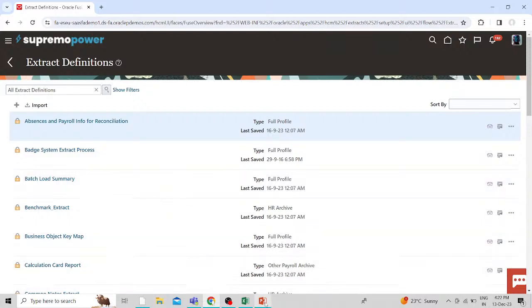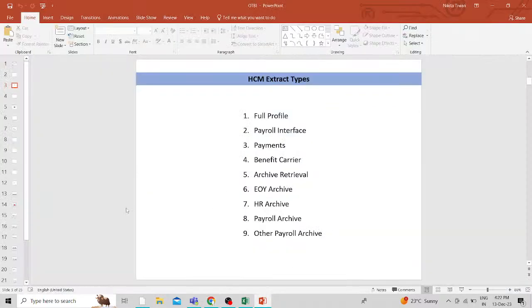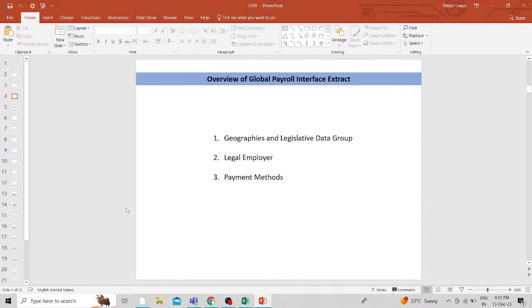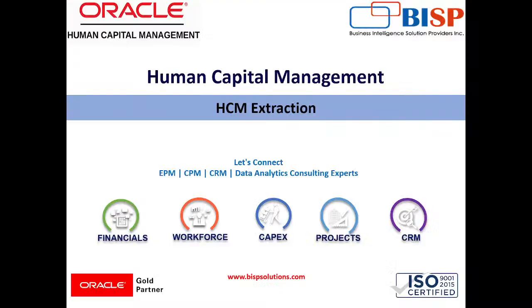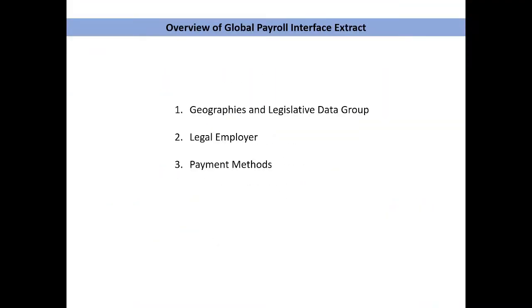Okay, now let's talk about the overview of the global payroll interface extract. You can use the global payroll interface report to extract payroll and employee details such as salary and deduction details.